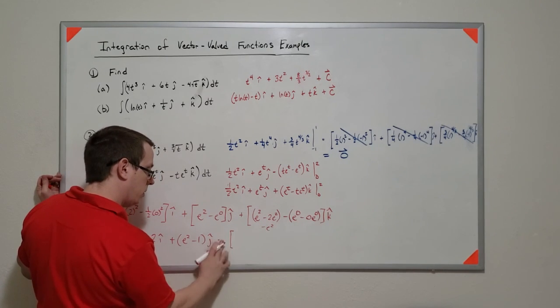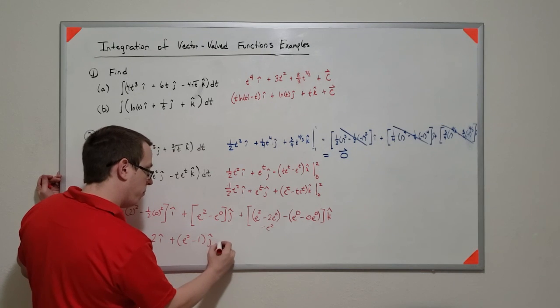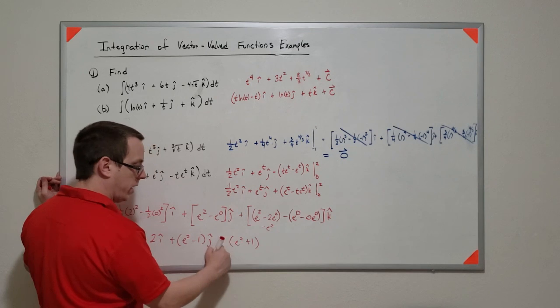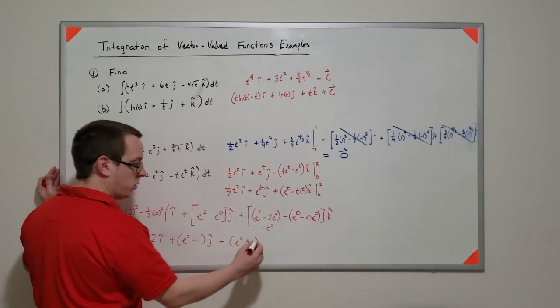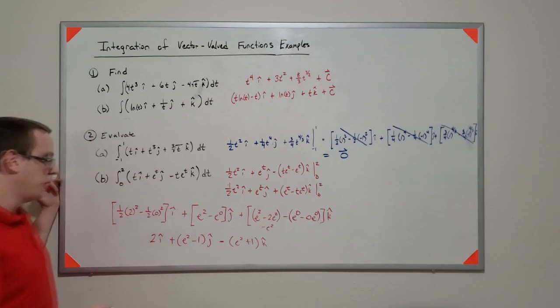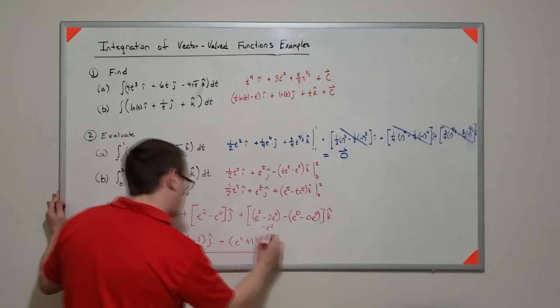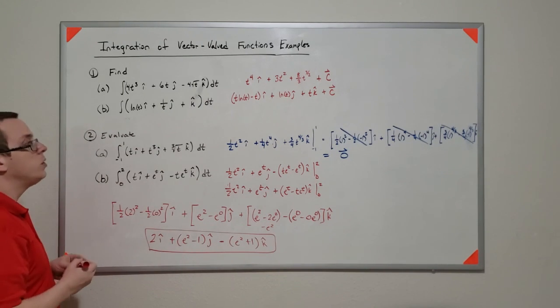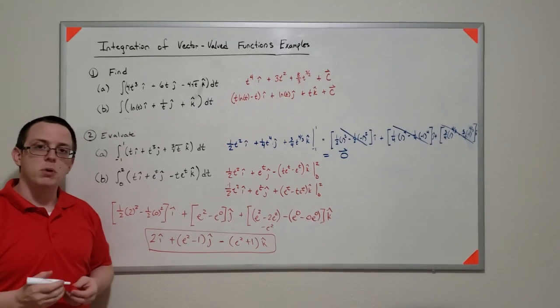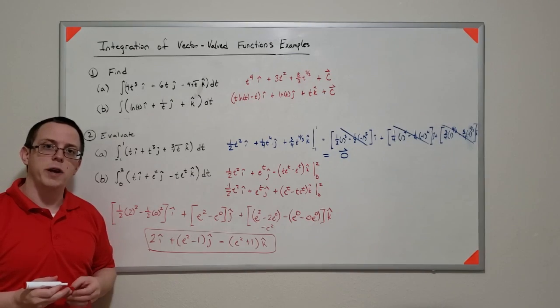So that's minus e squared plus 1, right? Because minus e squared minus 1... And that's your answer for this one. And that's some examples of definite and indefinite integrals for vector valued functions.